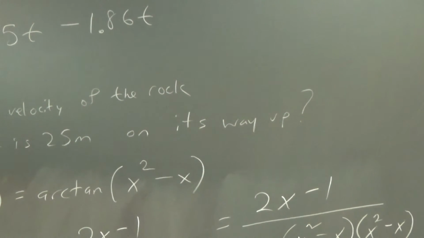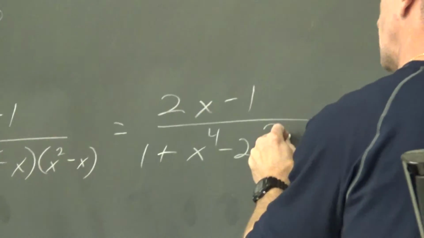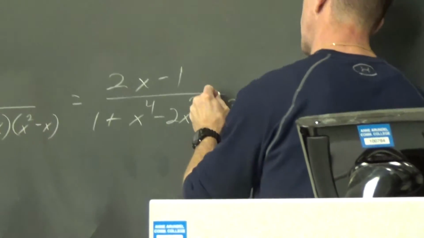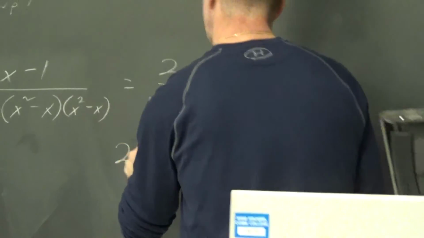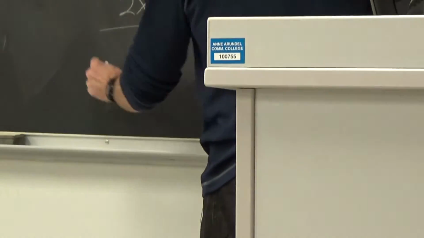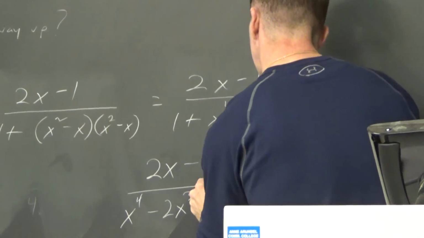So 1 plus x to the 4th minus 2x cubed plus x squared, and we get 2x minus 1 all over x to the 4th minus 2x cubed plus x squared plus 1.